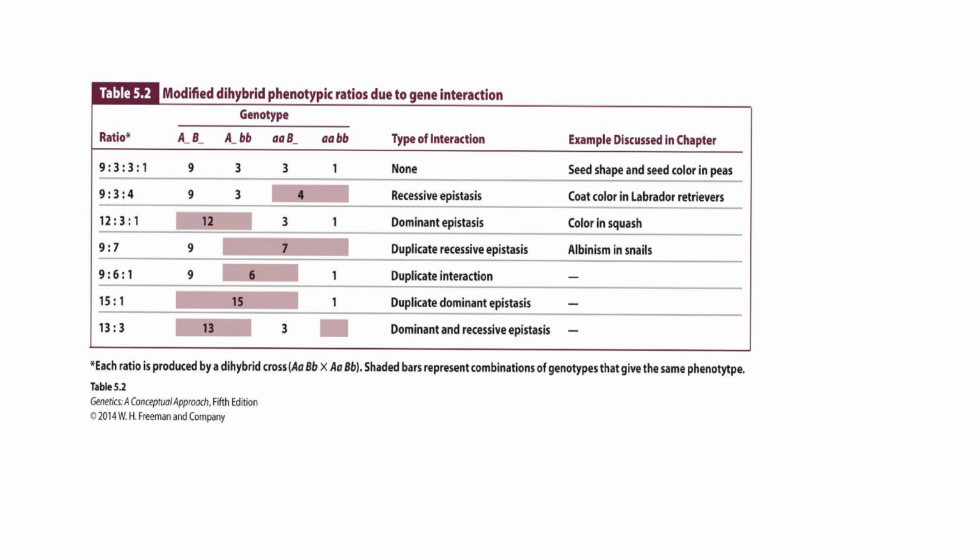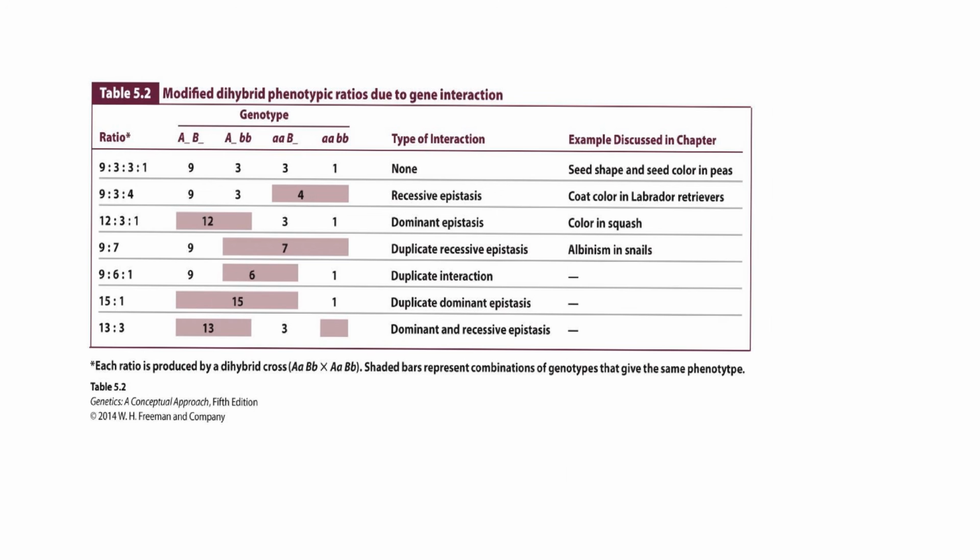As discussed before, gene interactions will alter expected phenotypic ratios predicted by Mendelian inheritance. However, keep in mind, what is altered is phenotypic ratios. Mendel's law of segregation and independent assortment still apply.